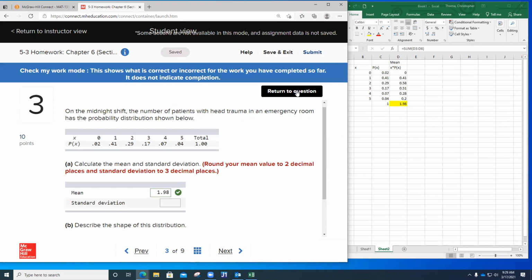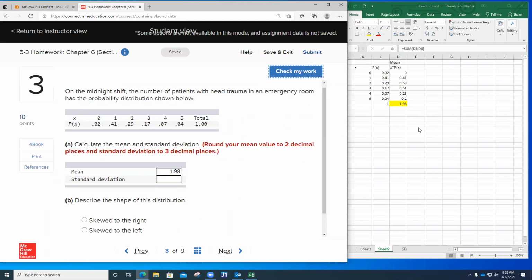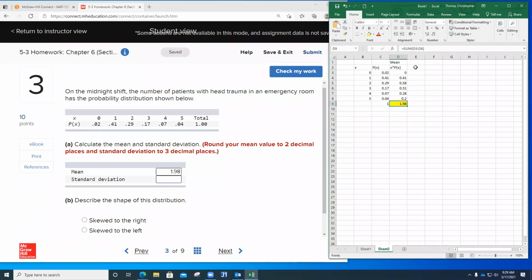All right. Now, standard deviation is a longer process, right? So to find the standard deviation, there's a couple of formulas.